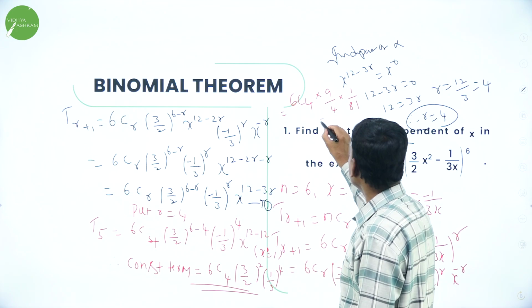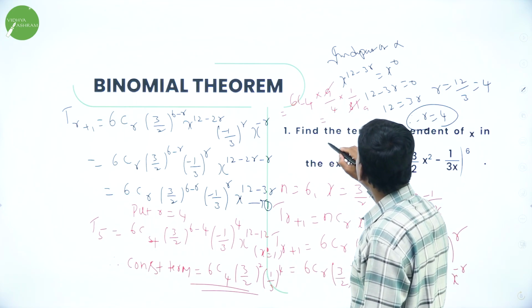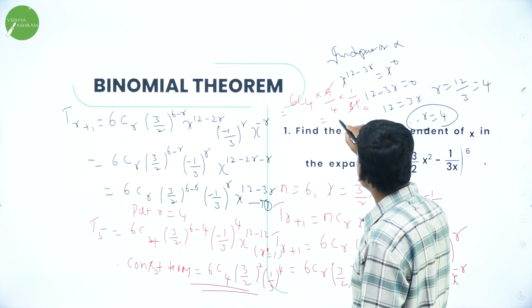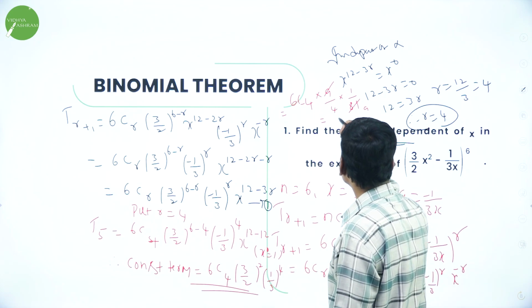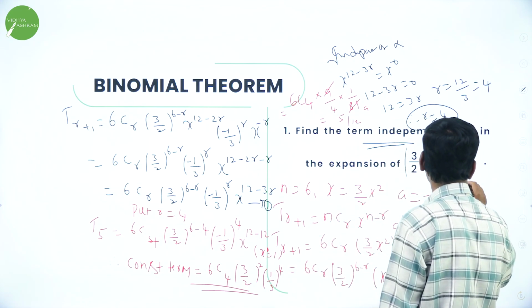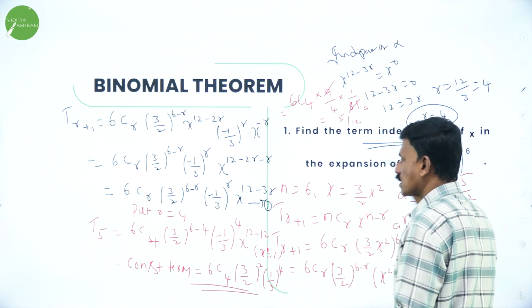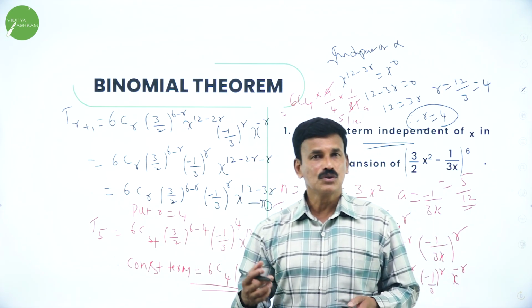So if we simplify this totally, 9 9s are 81 gets cancelled. So 6C4 into 1 by 4 into 9, if we simplify, this is equal to 5 by 12. So the answer we are going to get for this is 5 by 12. The constant term is 5 by 12. Simplify, you'll get the answer. That's it. Okay. Hope you followed.